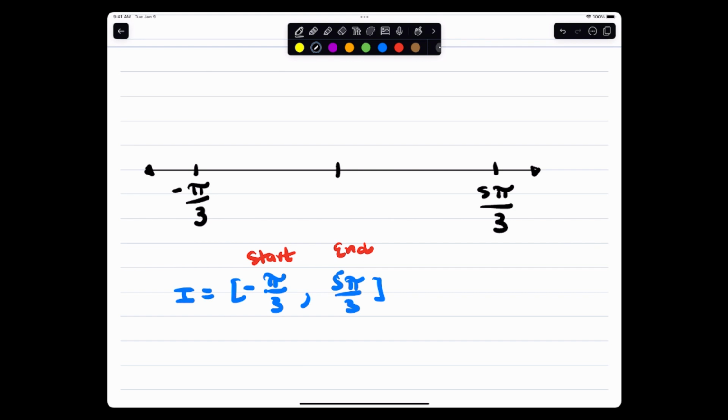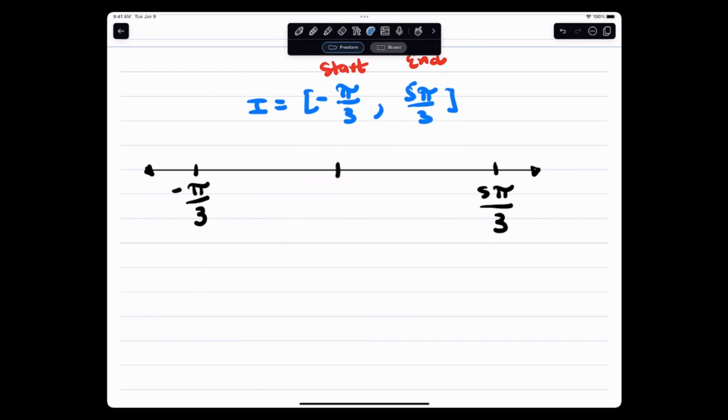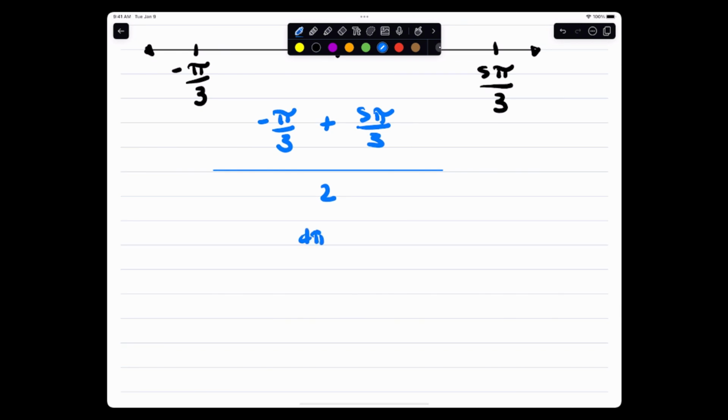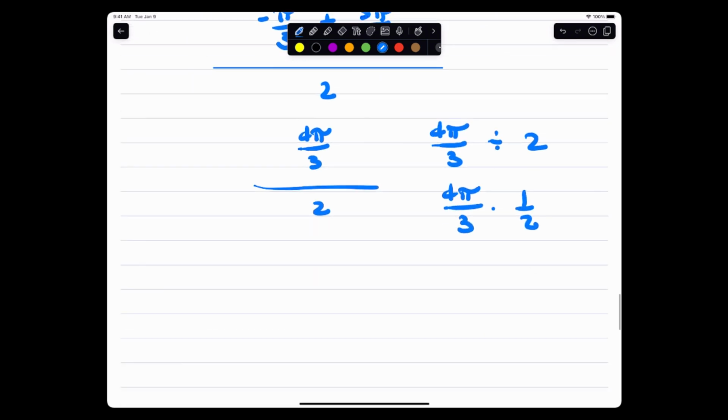Okay, now we get to do the what? The arithmetic. Is that true? What's midway between these two numbers? We say negative pi over 3 plus 5 pi over 3 divided by 2. What's that going to give you? 4 pi over 3 divided by 2. 4 pi over 3 times 1/2.